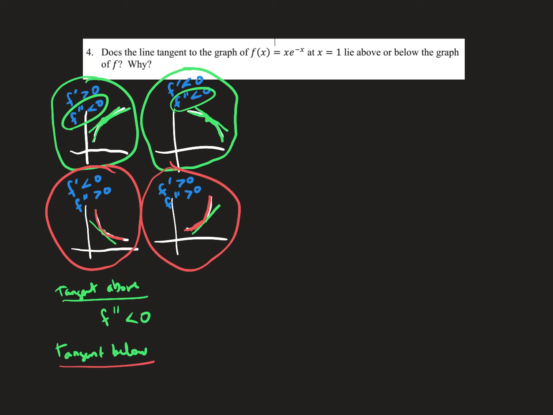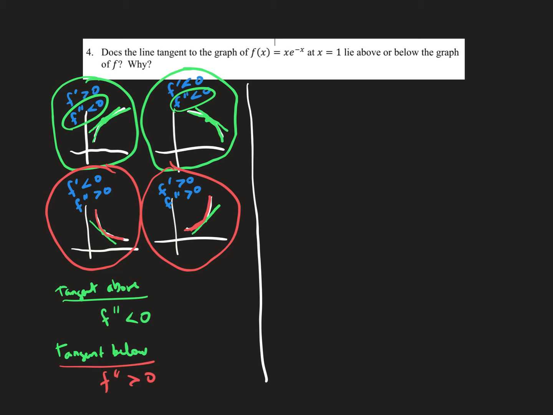And if a function is concave up, meaning the second derivative is greater than 0, the tangent line is going to be below the graph. And this is something that we will use when we're answering questions on FRQs and on multiple choice questions on assessments.